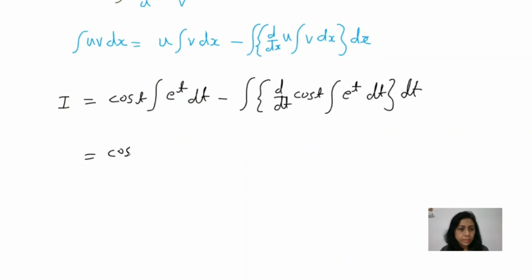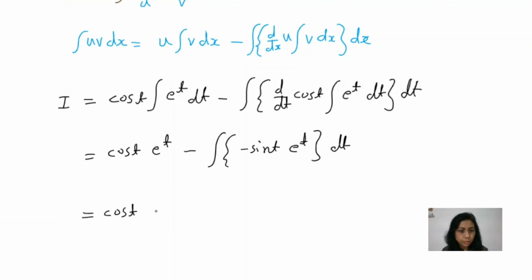So cos t e to the power t minus integration, and this is minus sin t, and when we integrate e to the power t we get e to the power t dt. Cos t e to the power t, and this minus minus is plus, integration sin t e to the power t dt.